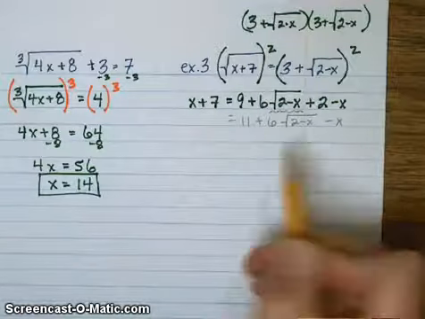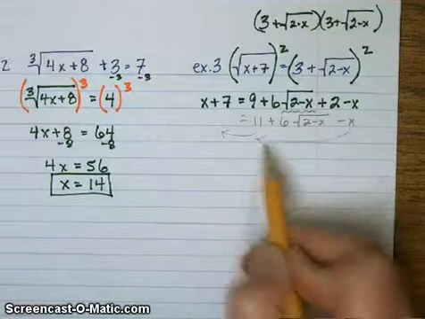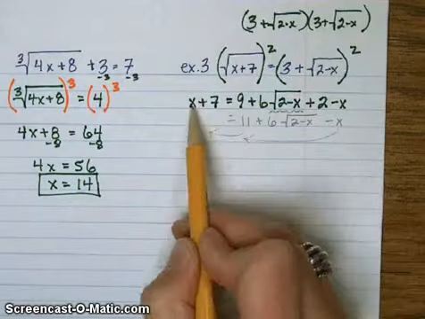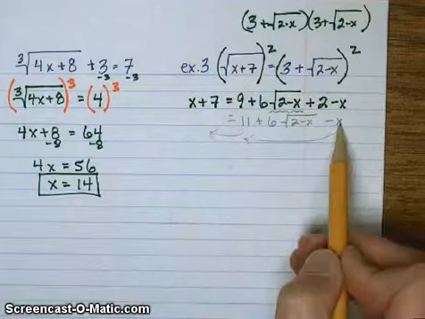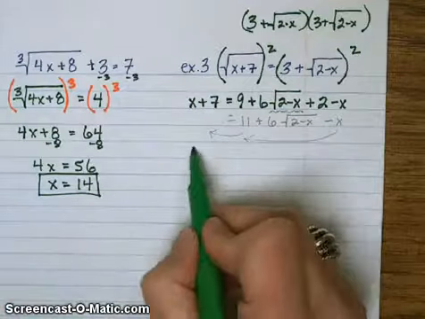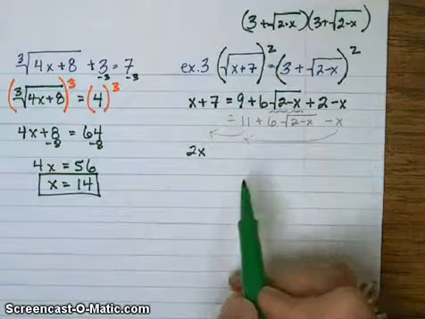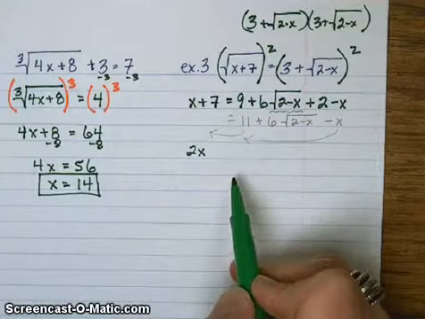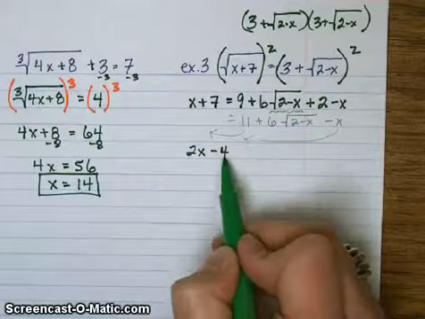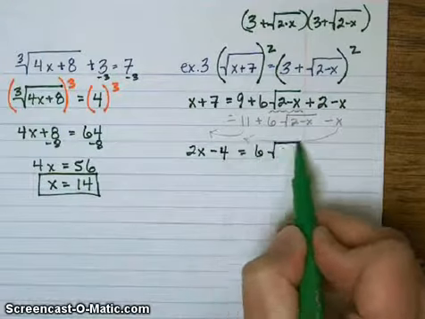So I'm going to bring the 11 to the other side, and I'm going to bring that x to the other side. So this will be plus x, so I will have 2x on the left. I will have a 7 minus 11, which will give me a negative 4, and that will equal my 6 on the square root of 2 minus x.